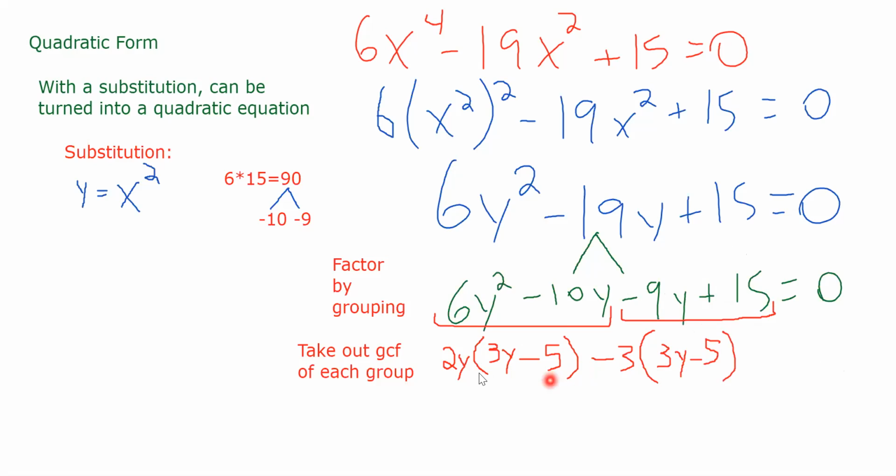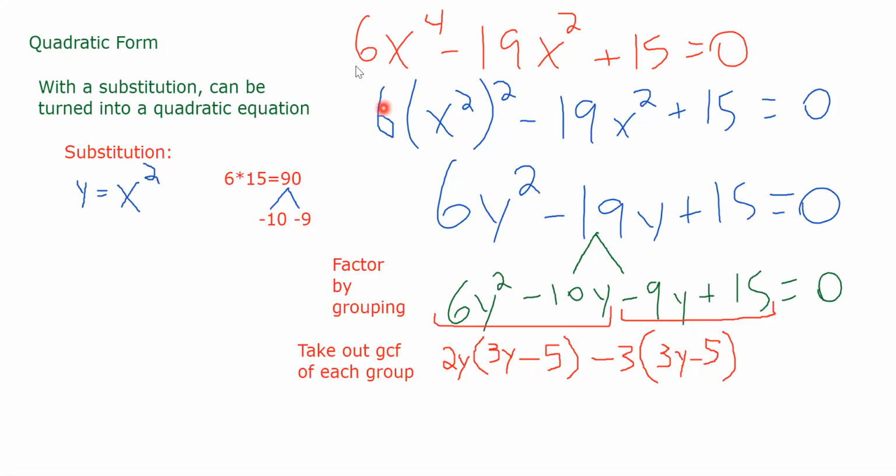Now, between this thing here and this thing here, notice that they both share the 3y minus 5 business. Now what we're going to do is take the greatest common factor out of this whole expression. And the greatest common factor doesn't have to be just a single term by itself. It can be an entire binomial.